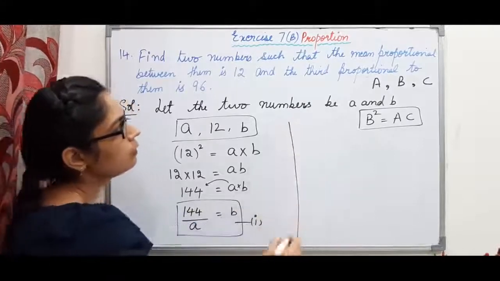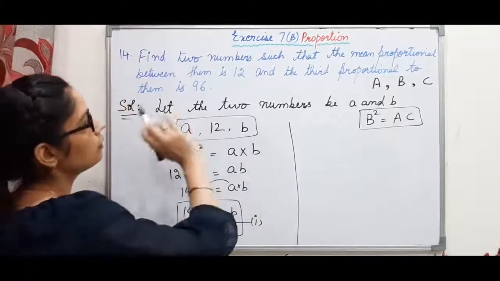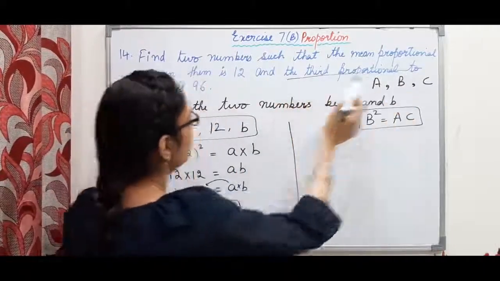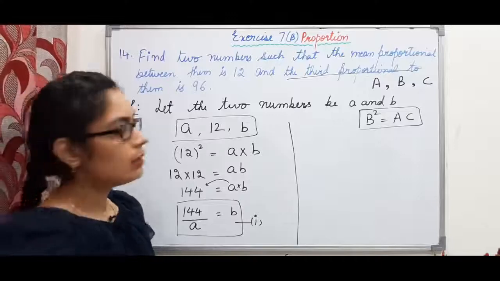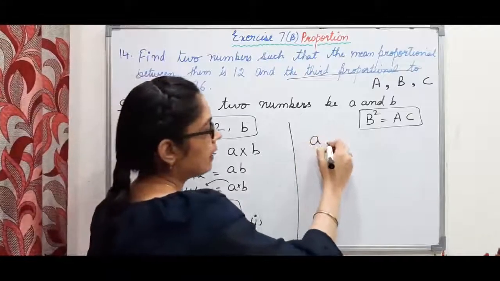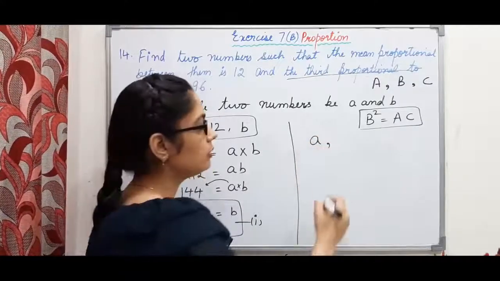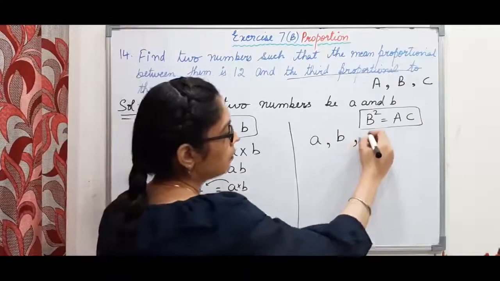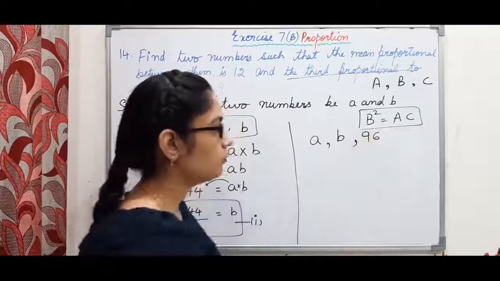Now let's use the second information they have given: the third proportional to them is 96. If I write a as first proportional and b as the mean proportional, then the third proportional is 96.